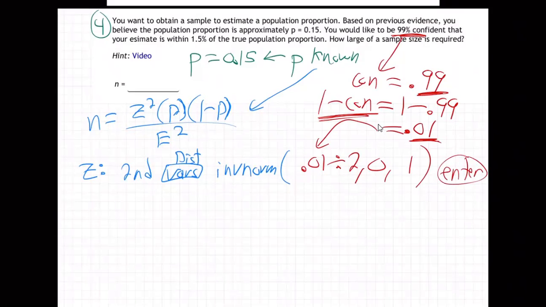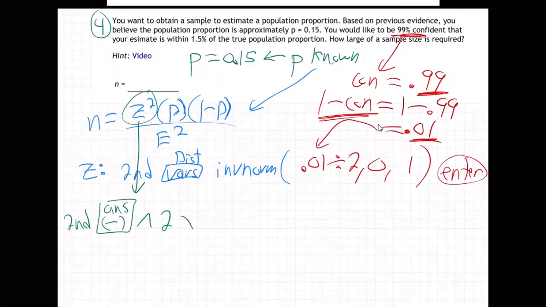Then take that answer. So here's what we're going to actually type. We're going to take second, the answer. Well, it's the negative button, which has answer above it. Second answer, to the second power. So I'm doing z squared right now. I'm doing that answer we just got, the z answer, to the second power.